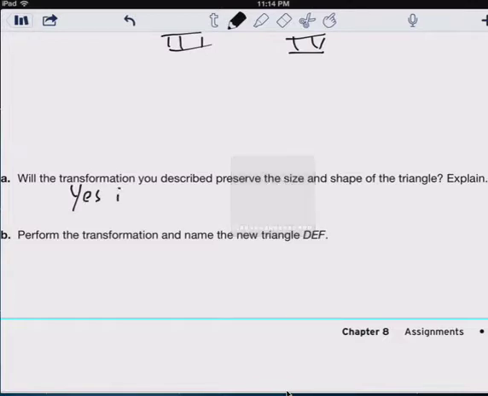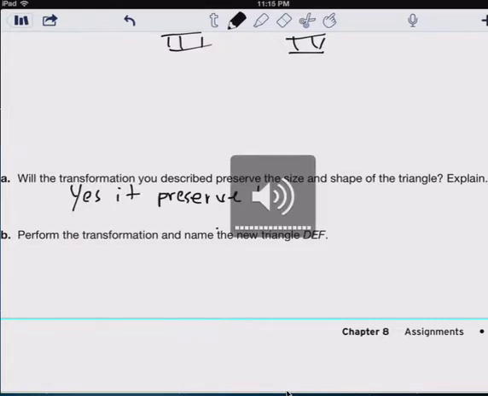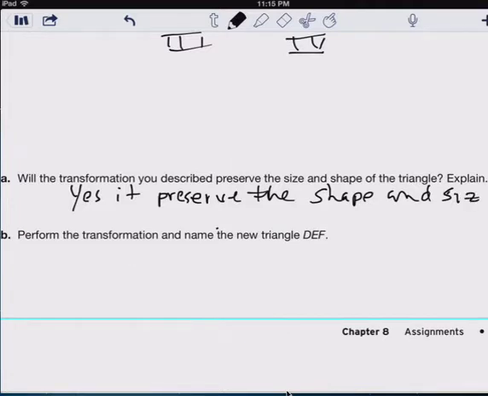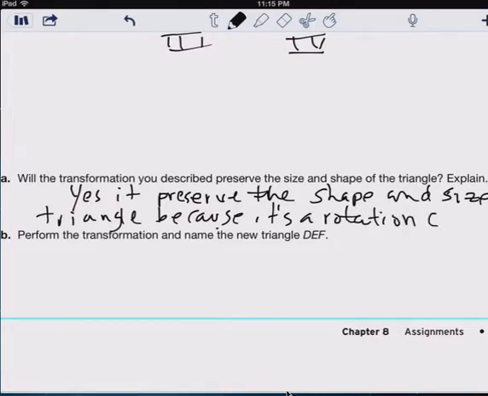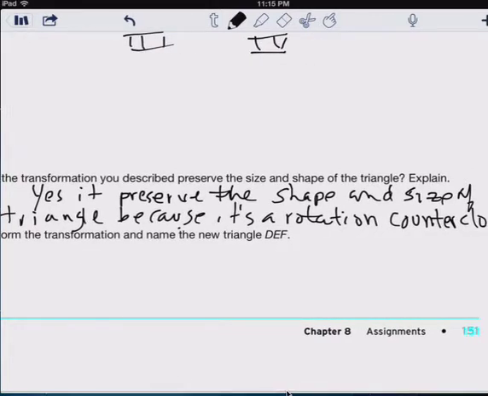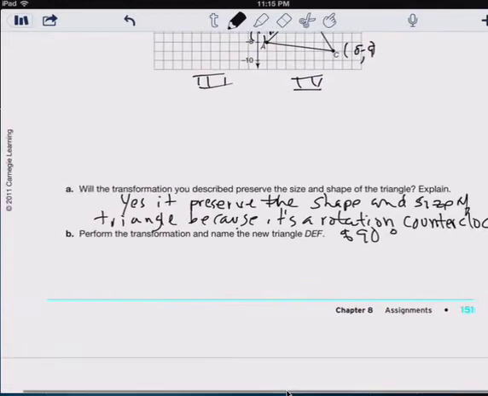Yes, it preserves the shape and size of the triangle because it's a rotation, counterclockwise of 90 degrees. So explain why it preserves.